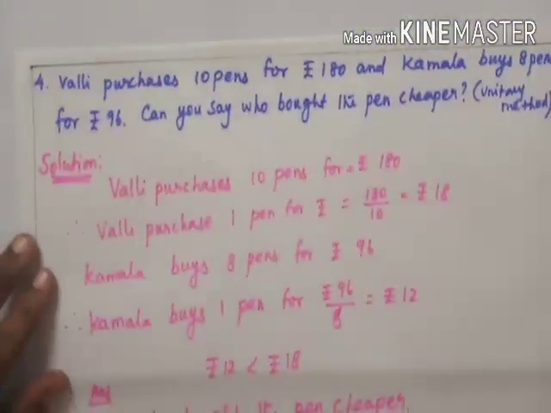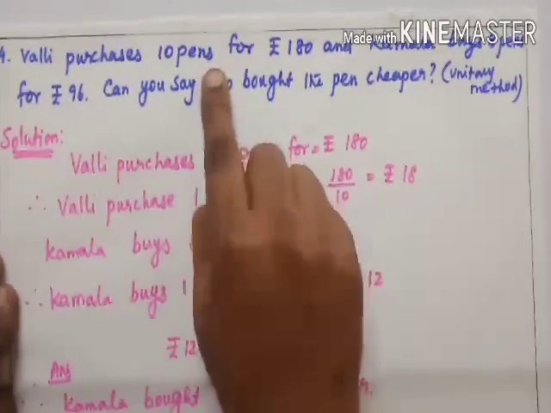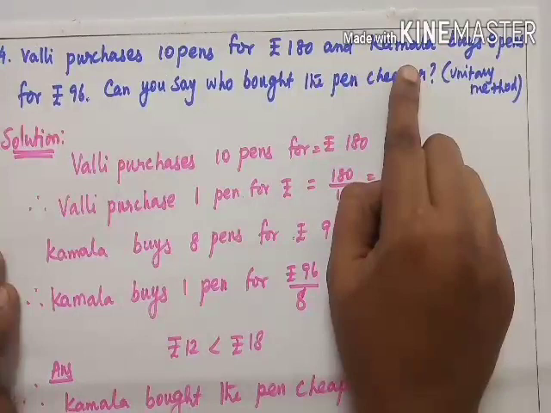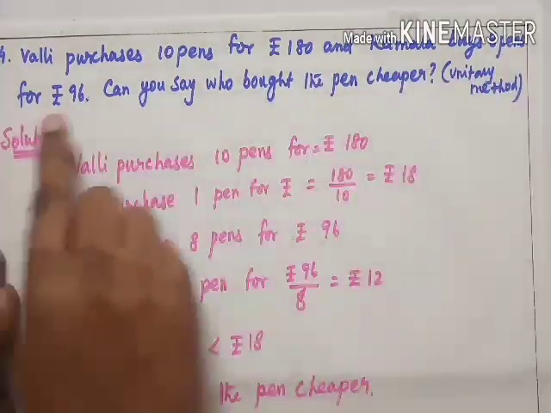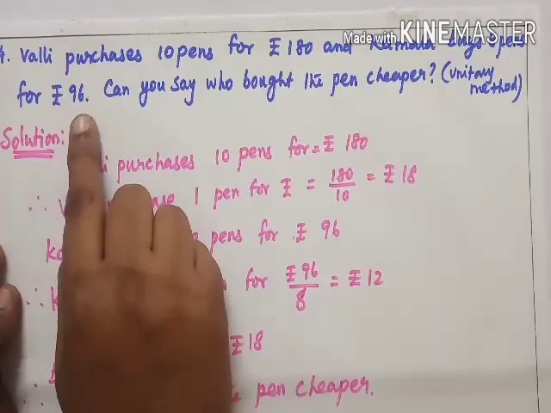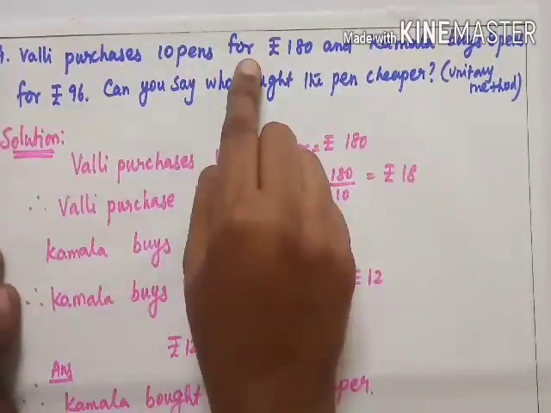Next, I'll go with the next sum, fourth sum. See, Vanli purchases 10 pens for rupees 180. Yes, and Kamala buys 8 pens for 96. This is a little bit different sum. What is that now? Vanli purchased 10 pens for 180.